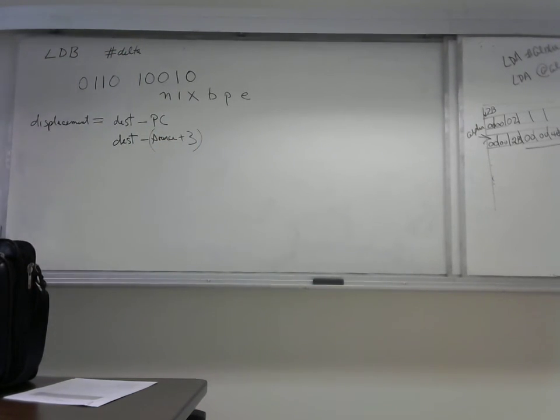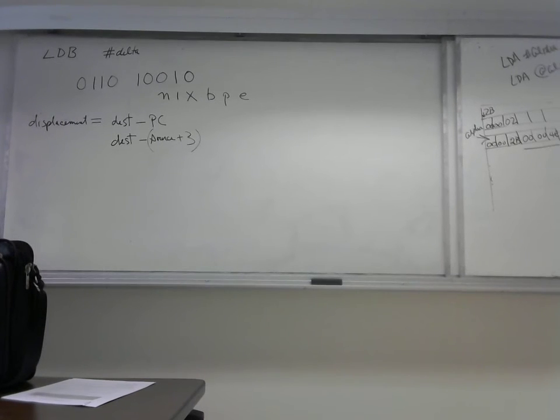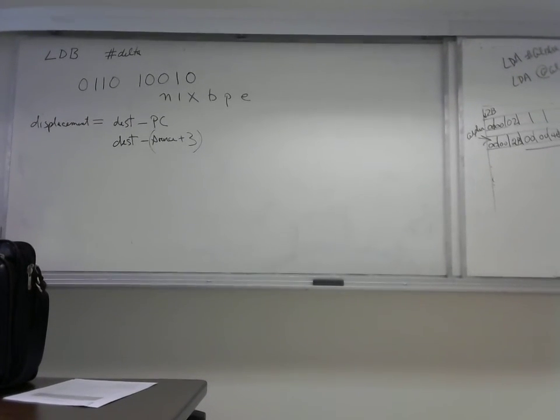Because the PC moves to the next instruction. When it reads the instruction, it increments the program counter. Remember, the program counter always has the address of the next instruction. So after it has read the LDB, it then goes to the next instruction, which is at address 3. So it increments it as soon as it reads it. Then to get the offset, it says, okay, from where the PC is right now, which is the address plus 3.